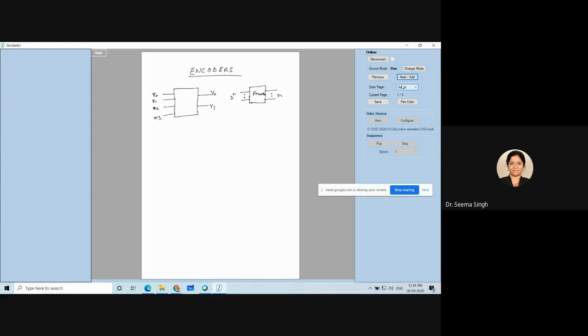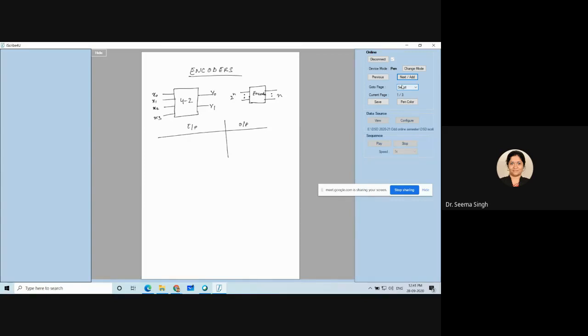Okay, and how will the truth table look like? I am making a 4:2 encoder. Later, I want you to make an 8:3 encoder in the same form, the way I am making the 4:2 encoder. So how will the truth table look like? The truth table will have your input and your output.